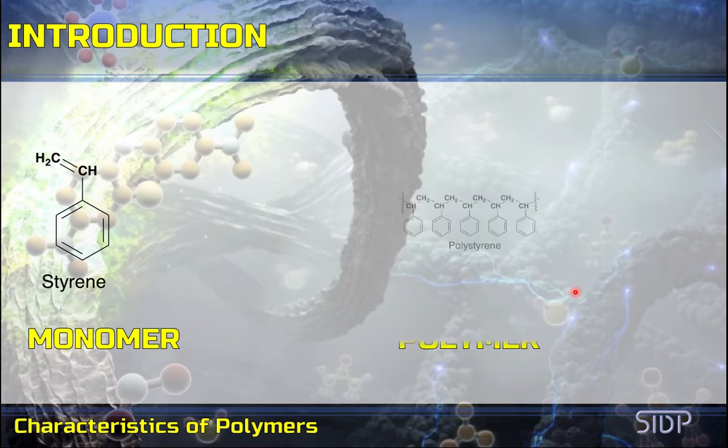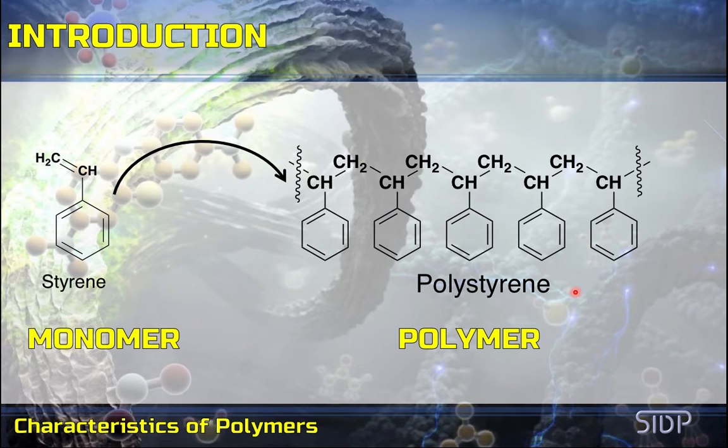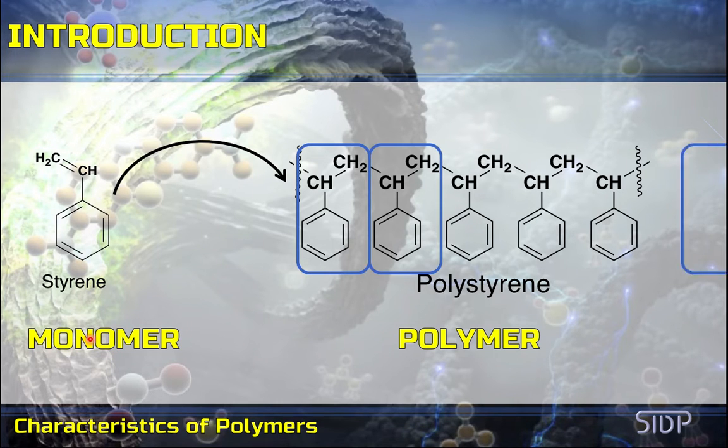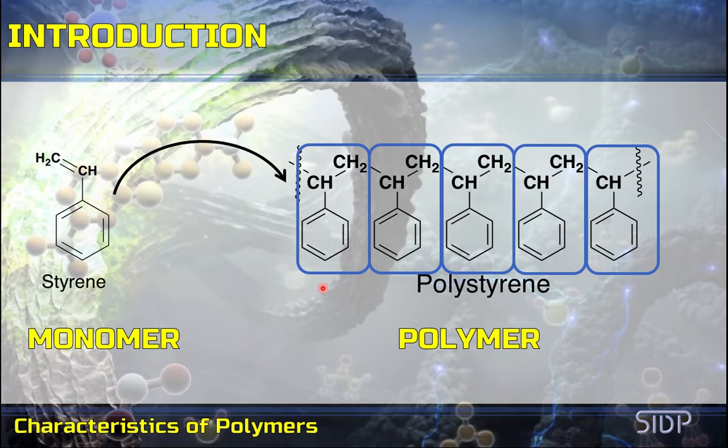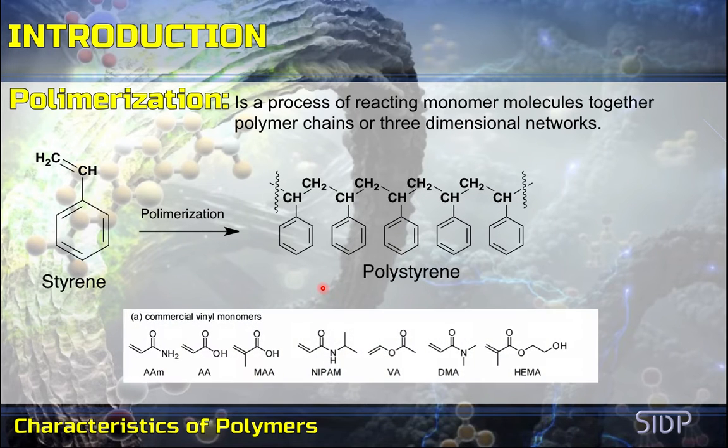Polymers are prepared by joining a large number of small molecules called monomers. Polymers can be thought of as big buildings and monomers as the bricks that go into them. Monomers are generally simple organic molecules containing a double bond or a minimum of two active functional groups.